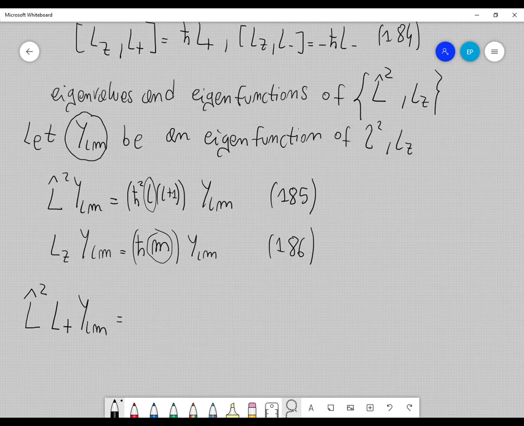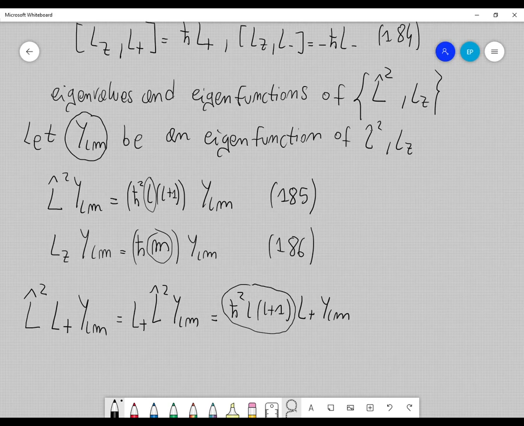So I can rewrite it as L plus L squared YLM. When I act with L squared on YLM, I get the eigenvalue, so this will be equal to h bar squared L times L plus 1, and then L plus acting on YLM, because this is just a scalar, so I can put it on the left of the operator.